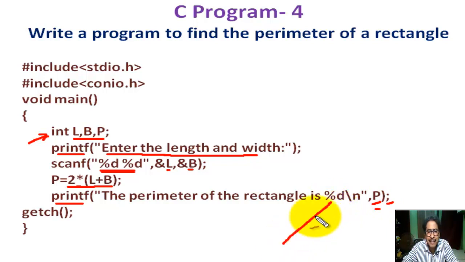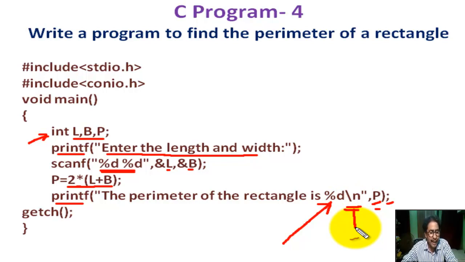Okay, this string %d is for displaying the integer variable P. Okay, /n, we can write /n to display the result in the next line.